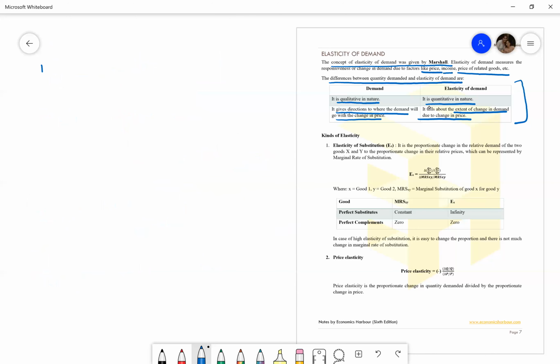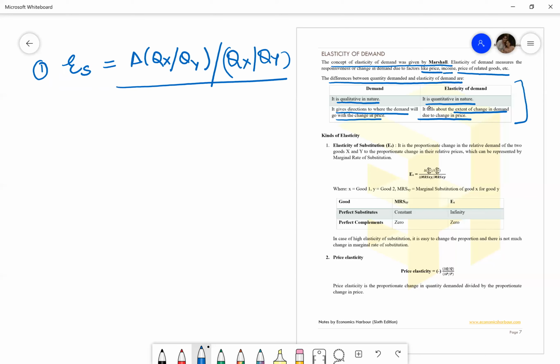The first kind is the elasticity of substitution. Mathematically, the elasticity of substitution is equal to the change in the proportion of quantities divided by the proportion of quantities, all divided by the change in relative prices upon the ratio of relative prices.